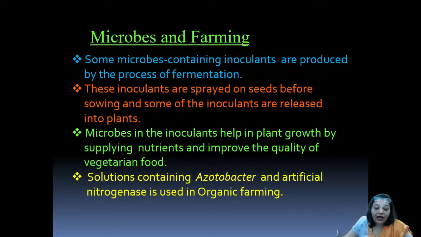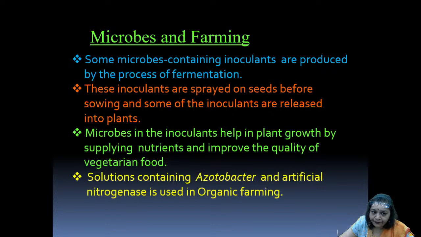Next, let us see how the microbes are also useful in farming. Right. So let us see how they are useful in farming, in agriculture. Some microbe-containing inoculants are produced by the process of fermentation. We all know that, isn't it? You must have learnt about the rhizobium bacteria which are present in the root nodules of the leguminous plants.